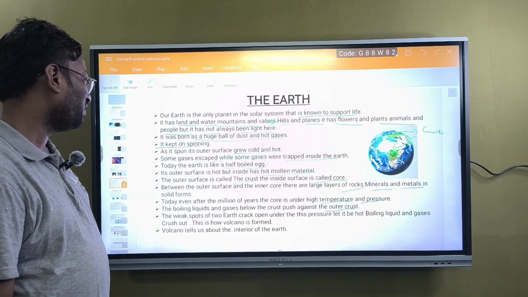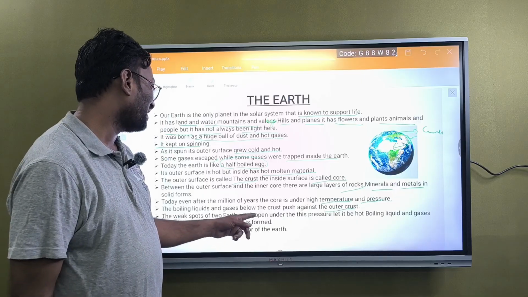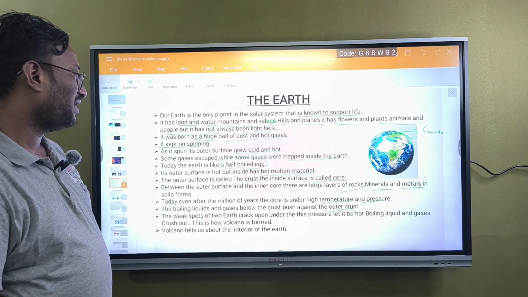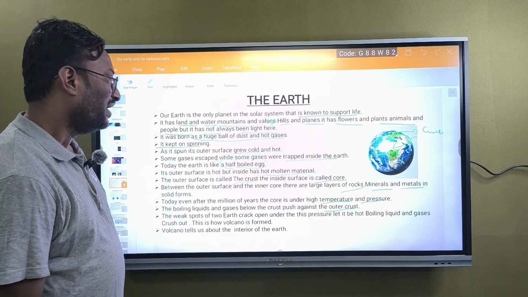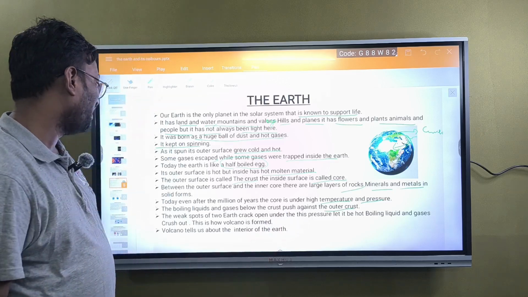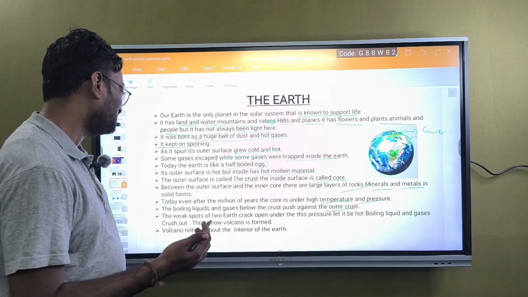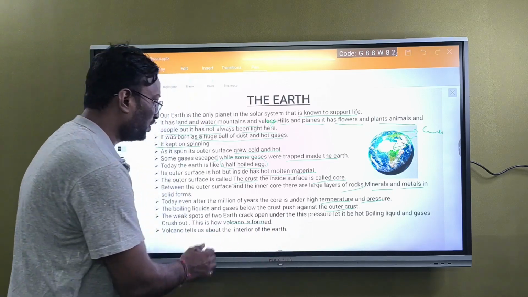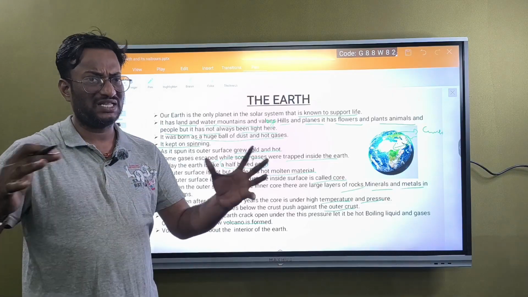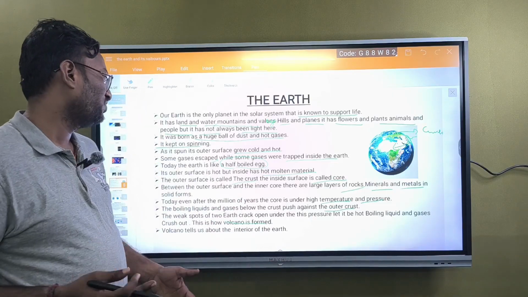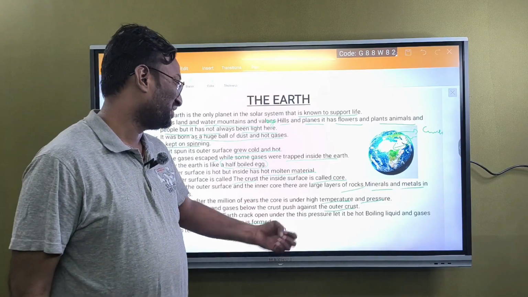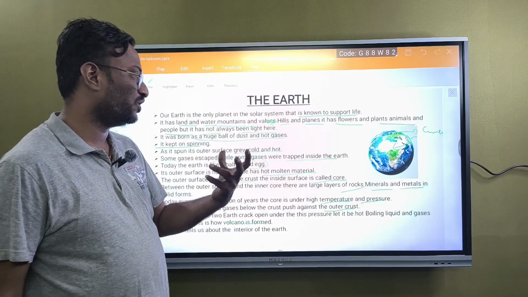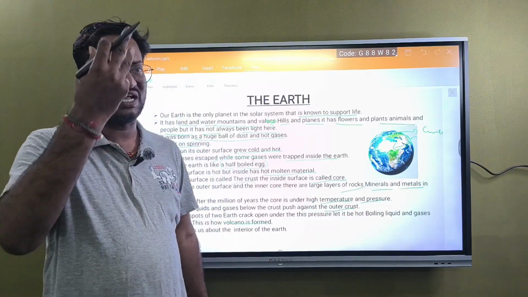The weak spots of the earth's crust crack open under this pressure. Hot boiling liquid and gases gush out. This is how volcanoes are formed. From inside the earth we get large pressure, and with large pressure we get hot boiling liquids and gases.